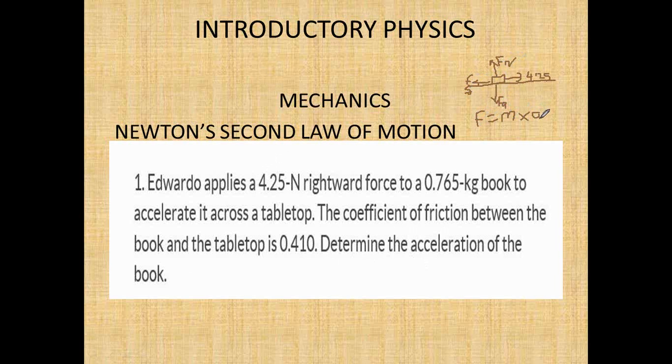To determine your acceleration, you need the net force and you need the mass. The net force has 4.25 Newtons to the right and the frictional force to the left, so we need to find the frictional force in order to determine the net force.